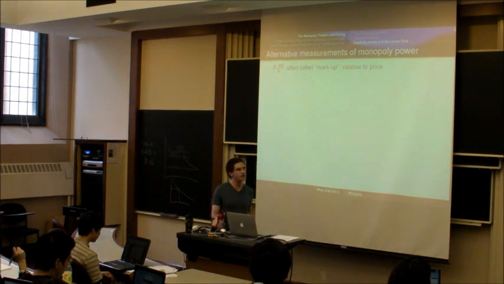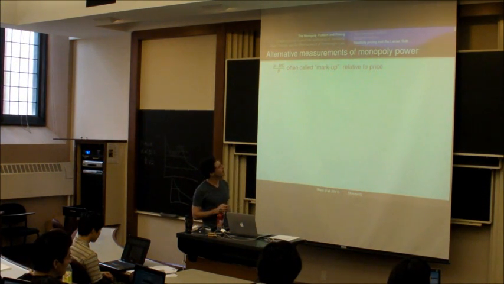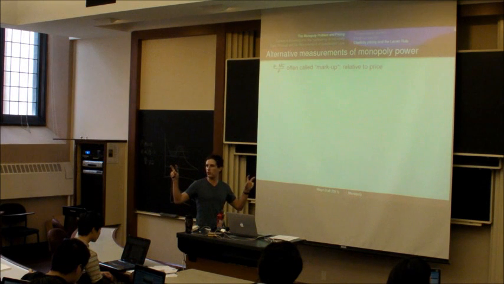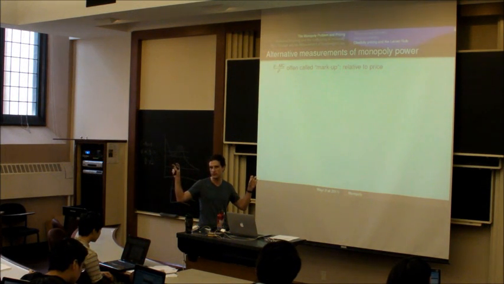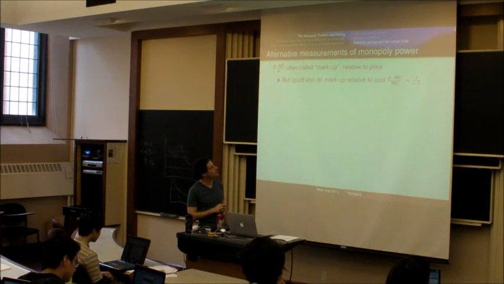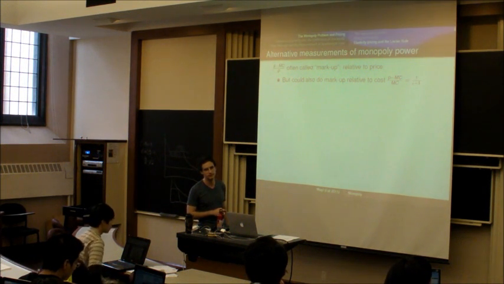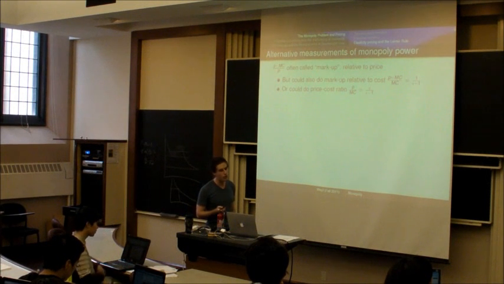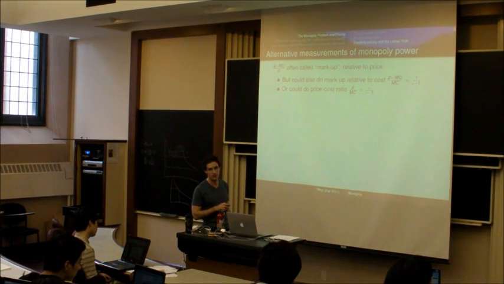This number is often called the markup, but it's really a relative markup. It's the markup relative to price. Markup being the difference between price and marginal cost. You could also do the markup relative to marginal cost rather than relative to price, and you would get 1 over the elasticity minus 1. Or you could do the ratio of price to marginal cost.